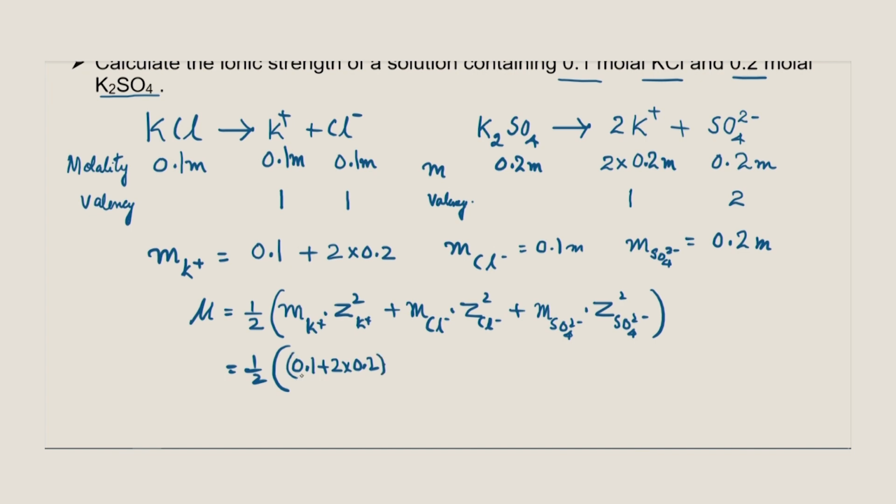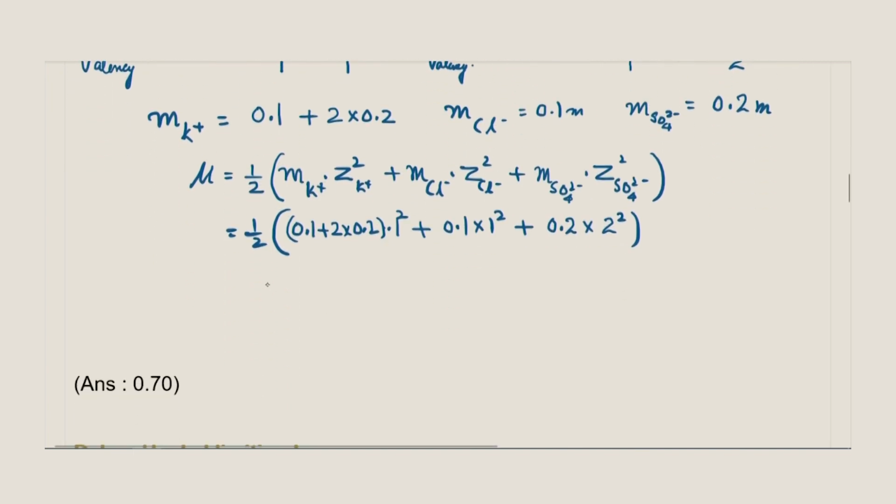I will put this in a small bracket, into valency of potassium ion square, that is 1 square, plus molality of chloride ions, that is 0.1, into its valency 1 square, plus molality of sulphate ions, that is 0.2, into valency square, 2 square, and you will get the answer as 0.70. So, this is one of the applications when we take ionic strength.